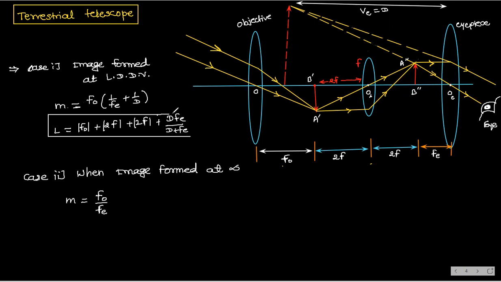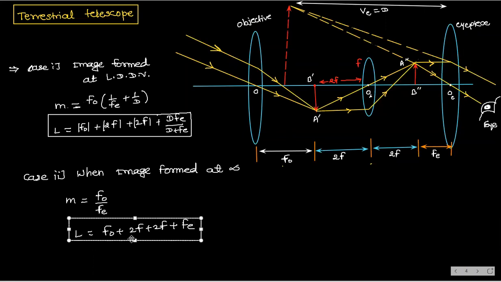This formula you use when it is at the least distance of distinct vision, and when it is formed at infinity, then the length of the tube you use is f naught plus 2f plus 2f plus fe. Okay, so that is 4f you can use. So L is equal to f naught plus 4f plus fe.